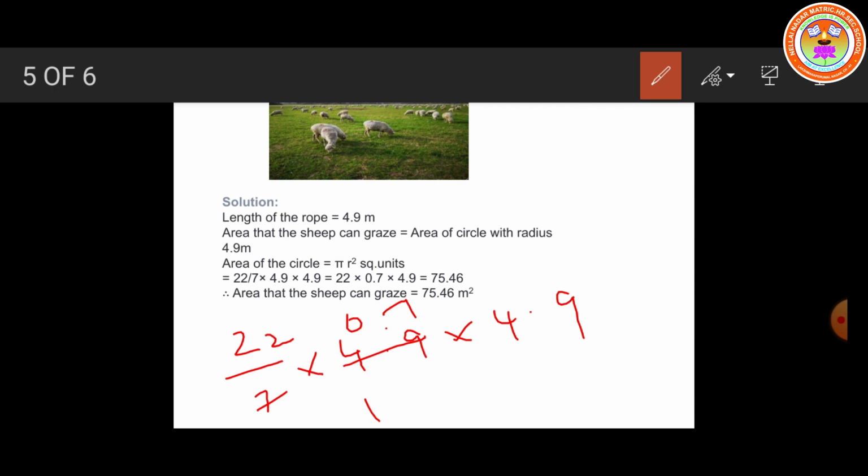Now we are going to multiply 22 into 0.7 into 4.9. 22 into 4.9 we multiply, 107.8, into 0.7. We have only one decimal place in 0.7. In the answer we have to count from right to left and mark the decimal places.